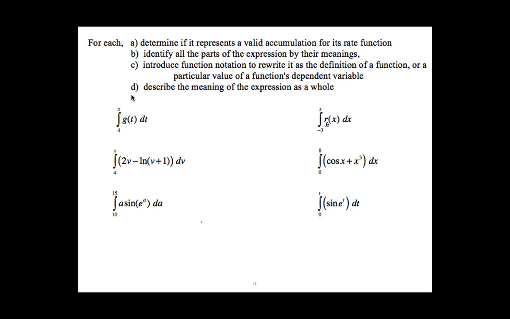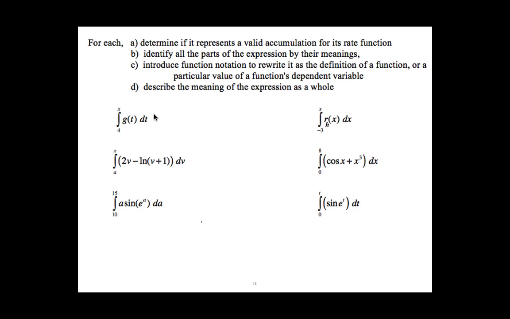So if I want to describe what this does, if this is an accumulation function, this would measure accumulation starting at 4 up through x, using a rate given by function g, and I let t take on all the values between 4 and x. So this would be an example of a good, valid accumulation function, meaning I can put together all the pieces.